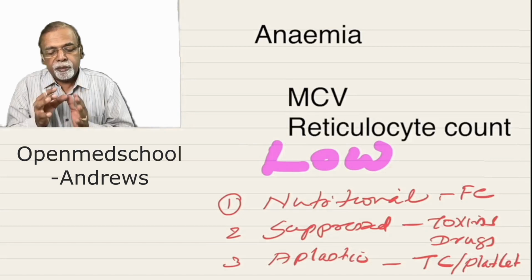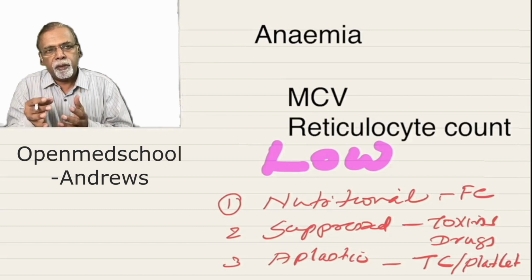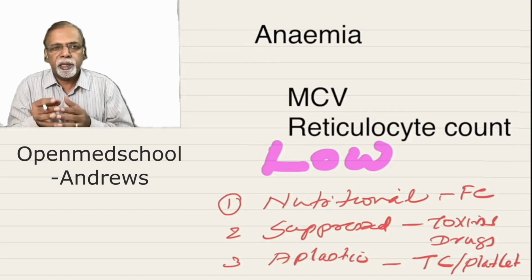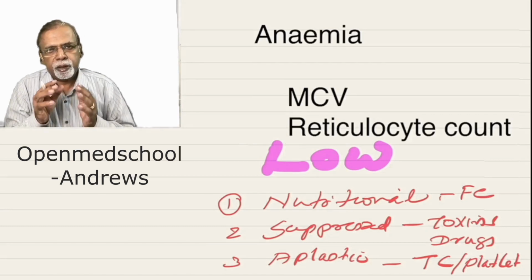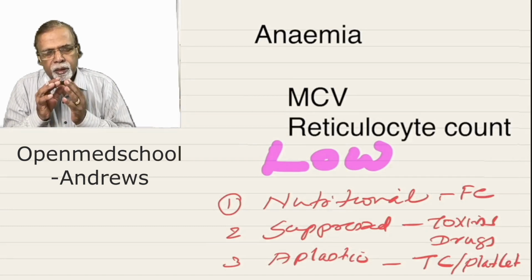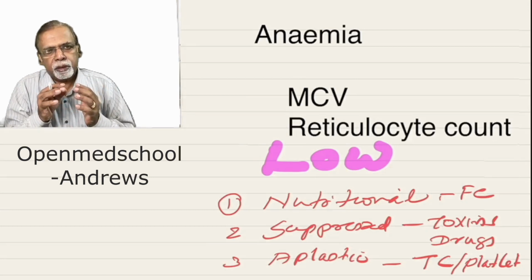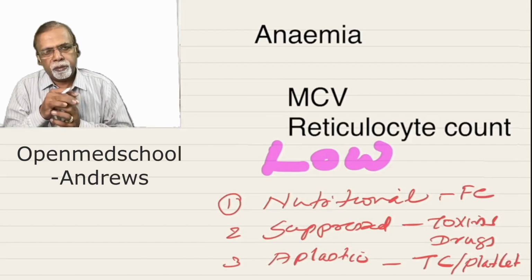And sometimes, very rarely, in some congenital conditions like pure red cell aplasia, the total count can be normal, the platelet count can be normal, but the RBCs alone are decreased. Hope this point is clear to you. That is, in pure red cell aplasia, the RBC count alone is decreased with a reduced retic count. Platelet count and WBC count will be normal.